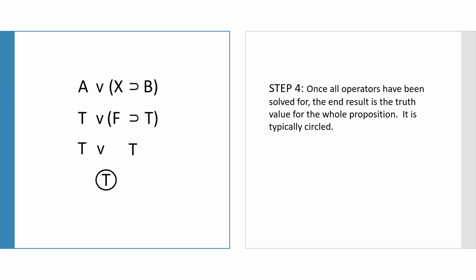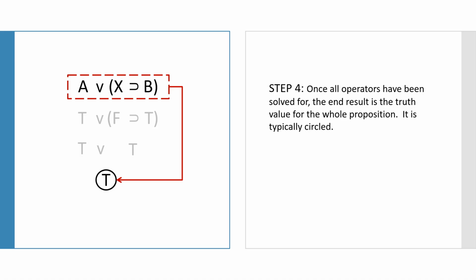And so typically, once you've solved for all this, you simply circle the truth value at the bottom to identify the total truth value of that original statement. And again, what this shows us is that this original statement, assuming the truth values that we have are correct, must be a true statement.